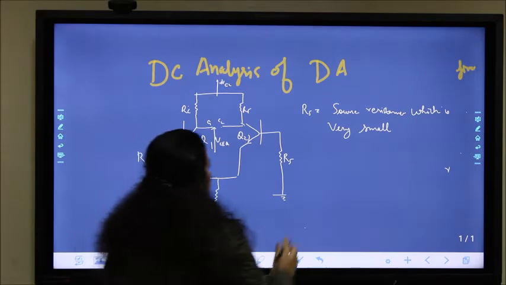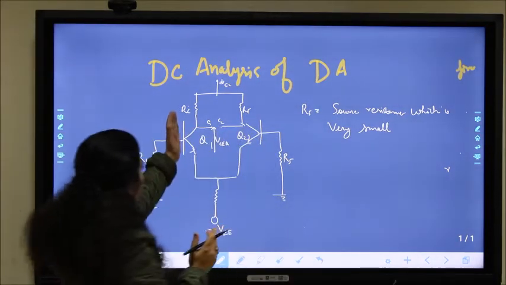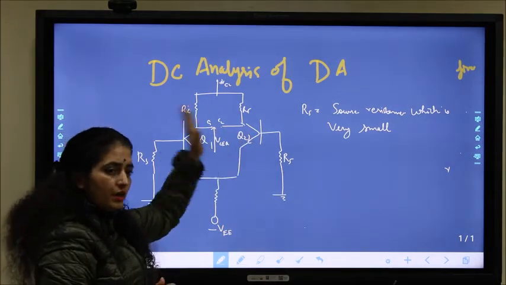Since the circuit is symmetric, Q1 is the mirror image of Q2.